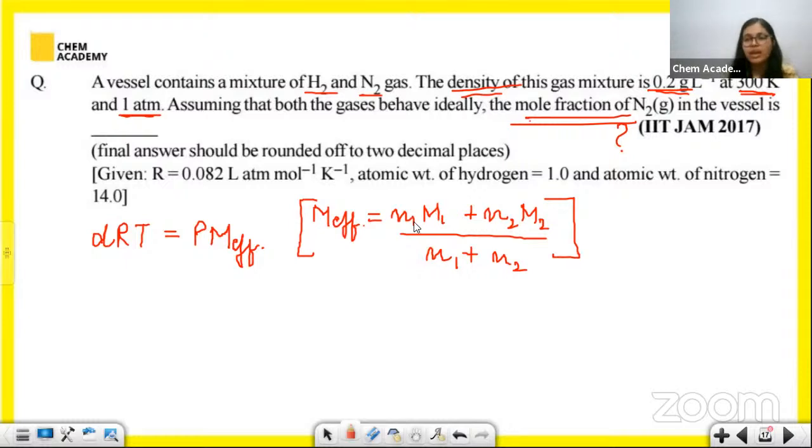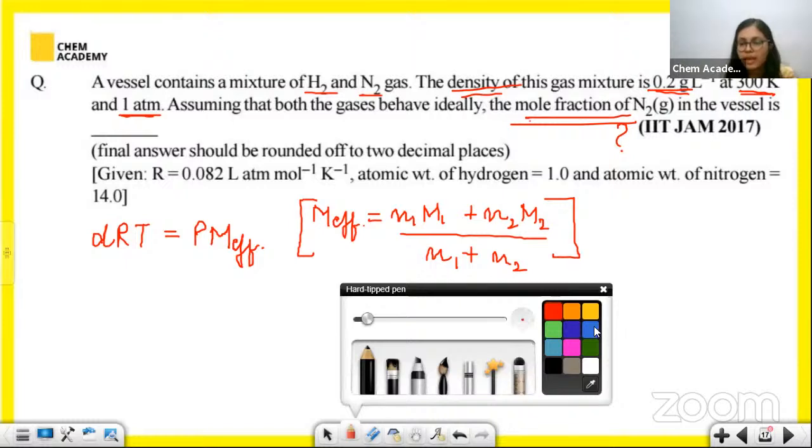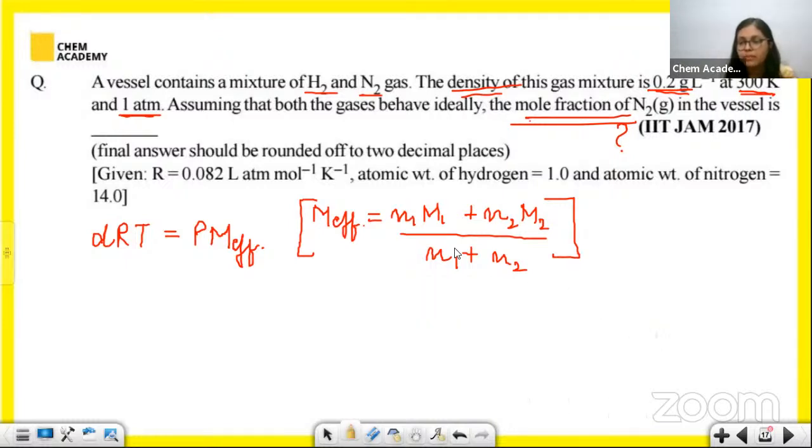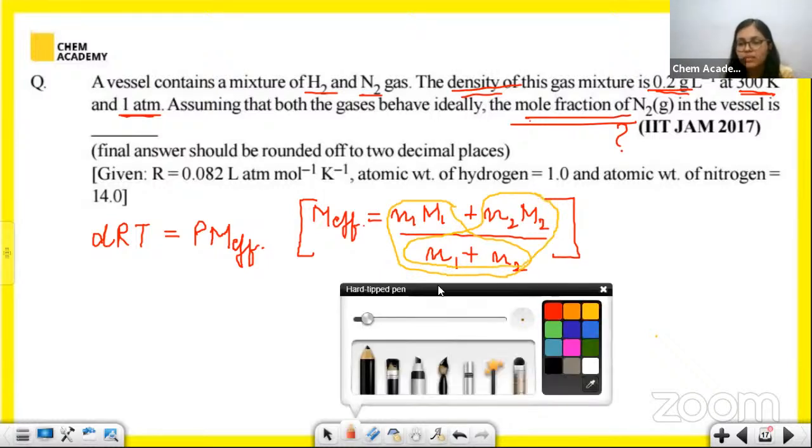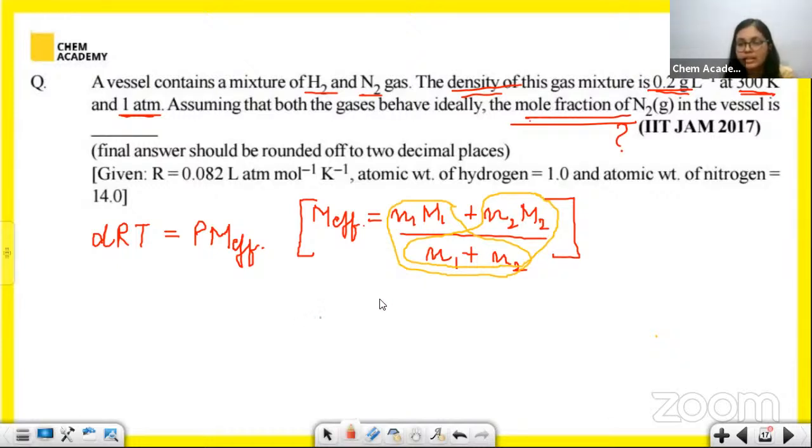Now, if I simplify it, if I take this separately and this separately, I can also write it as Chi1 M1 plus Chi2 M2.